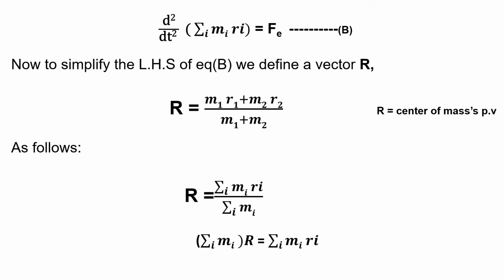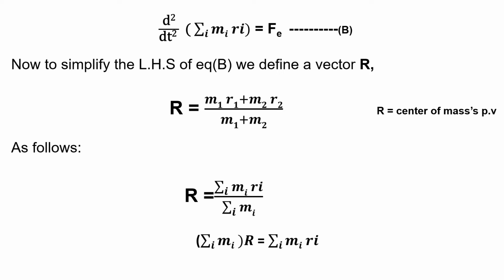Now, taking the summation of m_i to the left hand side of the equation, it becomes a product, which can be written as the summation of m_i into capital R is equal to the summation of m_i r_i.